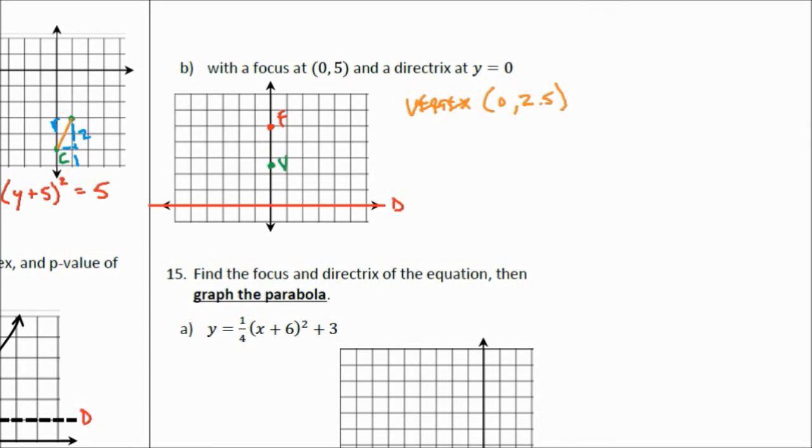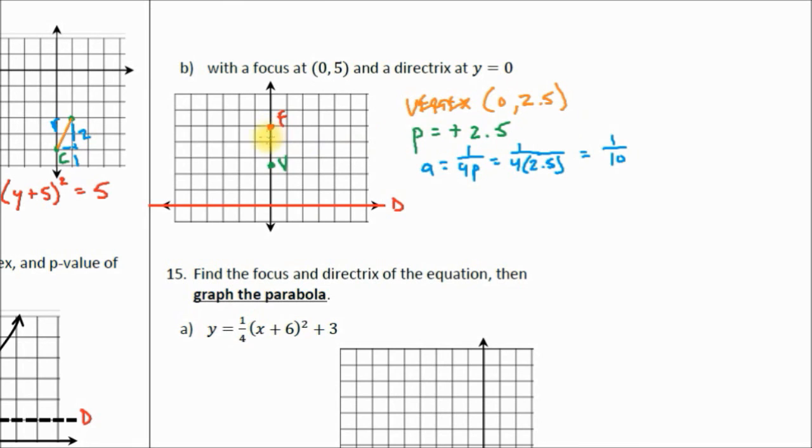Our p-value is equal to the distance from the vertex to the focus. That's actually positive 2.5. So let's find our a value. A is equal to 1 over 4p, which is 1 over 4 times 2.5, which is actually 1 over 10.